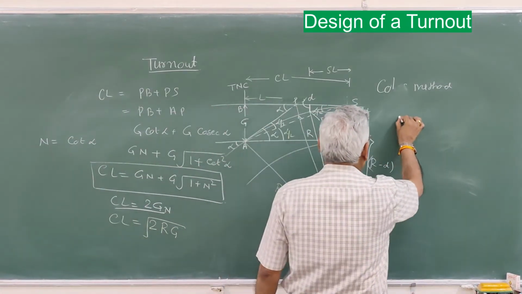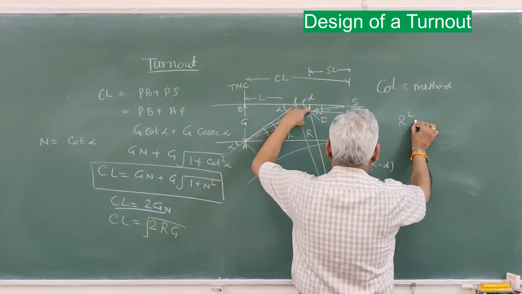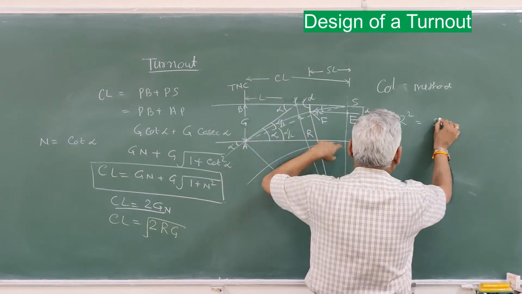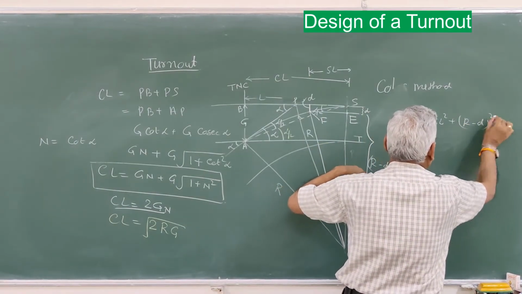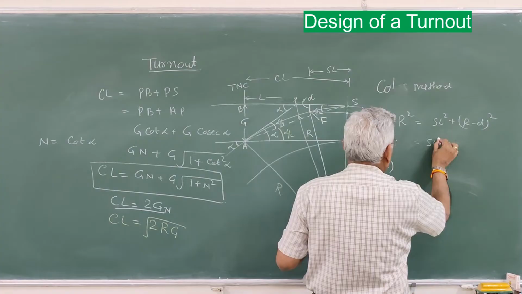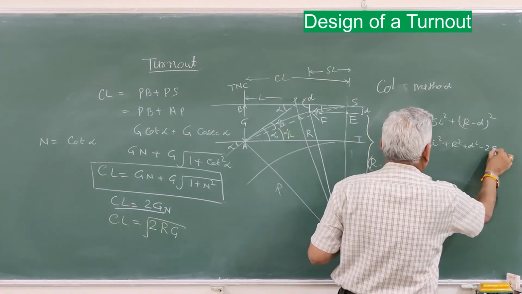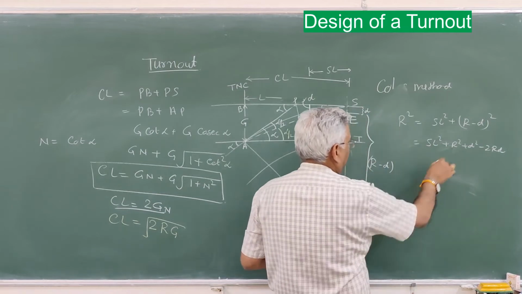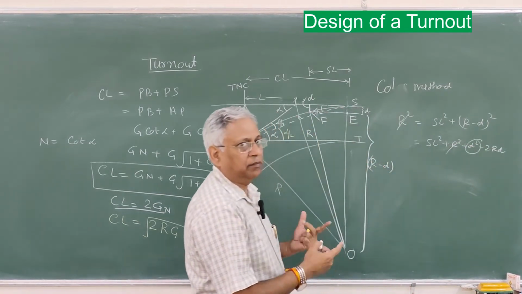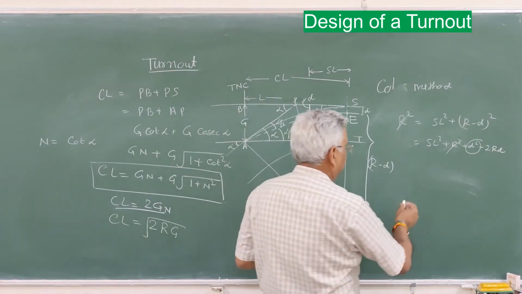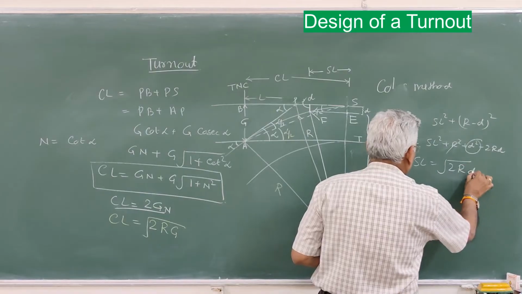So R square, that is FO square, is equal to SL square plus R minus D square, or SL square plus R square plus D square minus 2RD. R square is eliminated, D square is very small as compared to 2RD, and therefore SL is square root of 2RD.